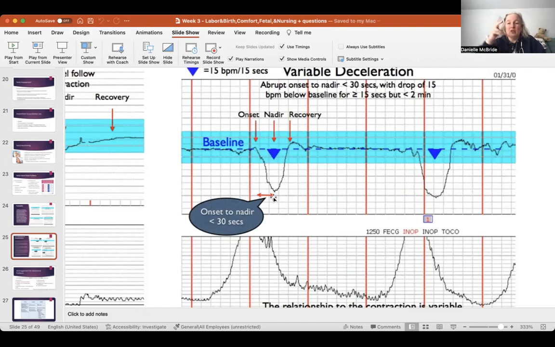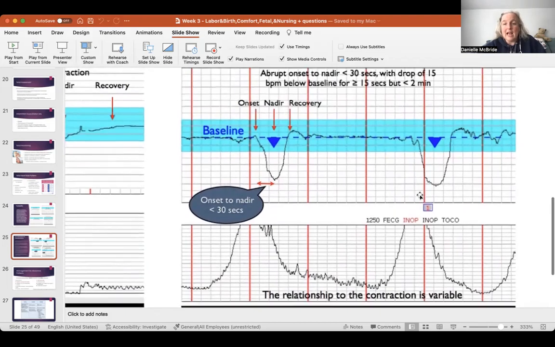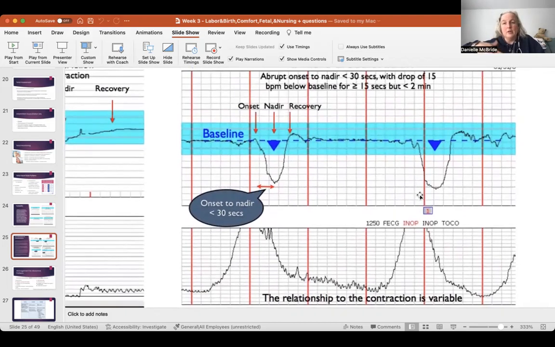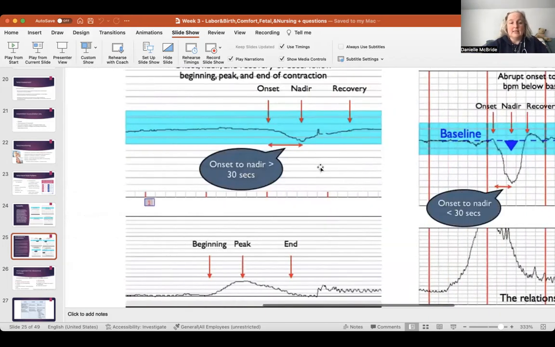So it's similar to our accelerations, 15 and 15 going up, but this is at least 15 and 15 going down, and this is caused by compression on the cord. Okay, so this isn't as dangerous to baby. Over time it can be, but having a variable here and there is not as concerning as the late decelerations. So those are what they look like.